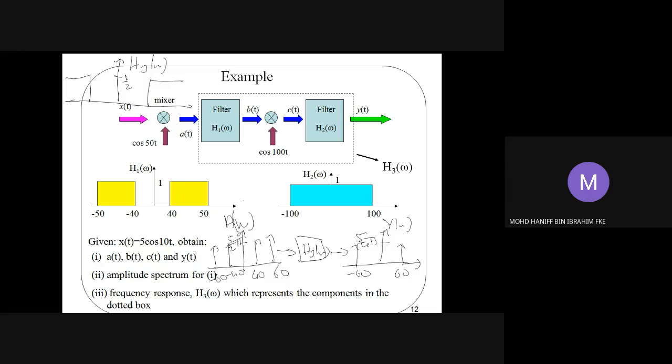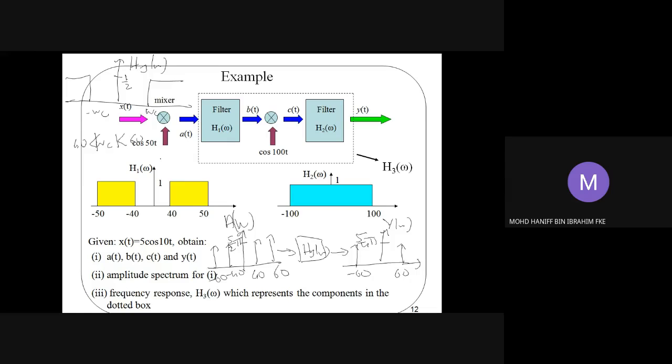Because the input is 5/2π and the output is 5/4π, so it should be half. That should be the ωc position, and that should be the negative ωc. The value of ωc must be bigger than 40 but less than 60, in terms of modulus, because we have positive and negative sides.